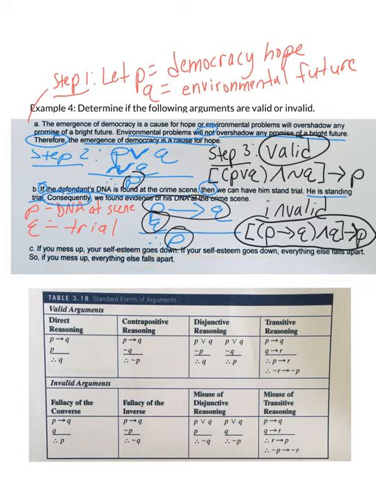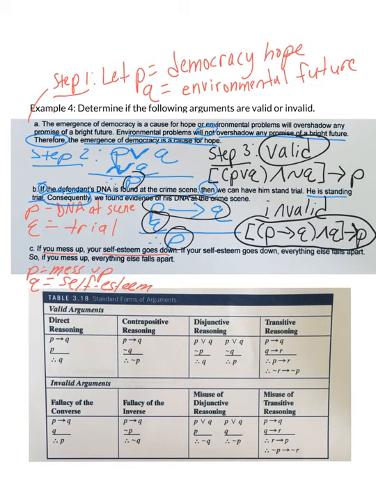So step 1, we're going to assign our letters. P is going to be you mess up. The second idea, Q, is going to be your self-esteem goes down. I'm just going to write self-esteem just to abbreviate because I'm running out of room as usual.